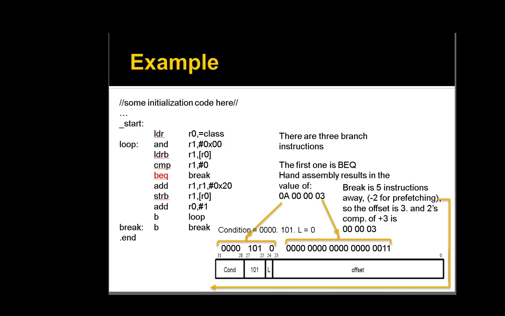Since the branch actually requires more than one instruction, I wrote down a few lines of instructions and I have a couple of branch instructions, and we'll do 1 or 2 in this case. In this example, I have this branch, this branch, and this branch. So I have 3 branch instructions, and we're going to hand assemble the first one and take it from there.